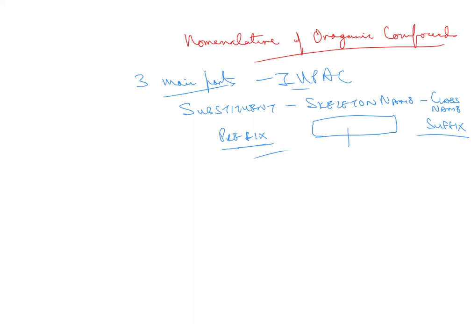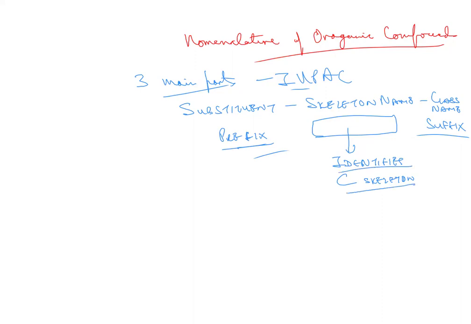When it comes to skeleton name, it identifies the carbon skeleton, because this is about organic compounds, so we consider carbon. So it identifies the C skeleton. Whether it has 8 carbons, octane, if it's an alkane, oct part, non if it is 9, those things.